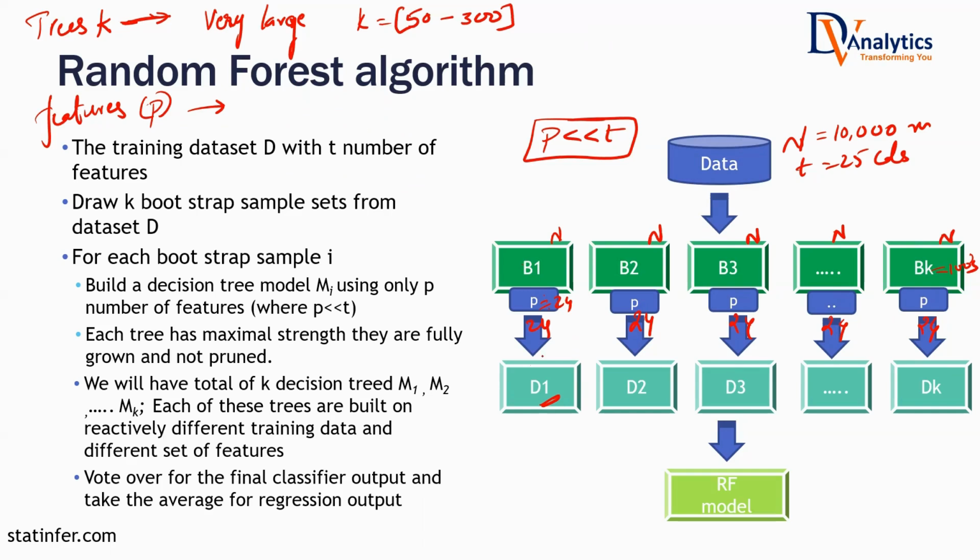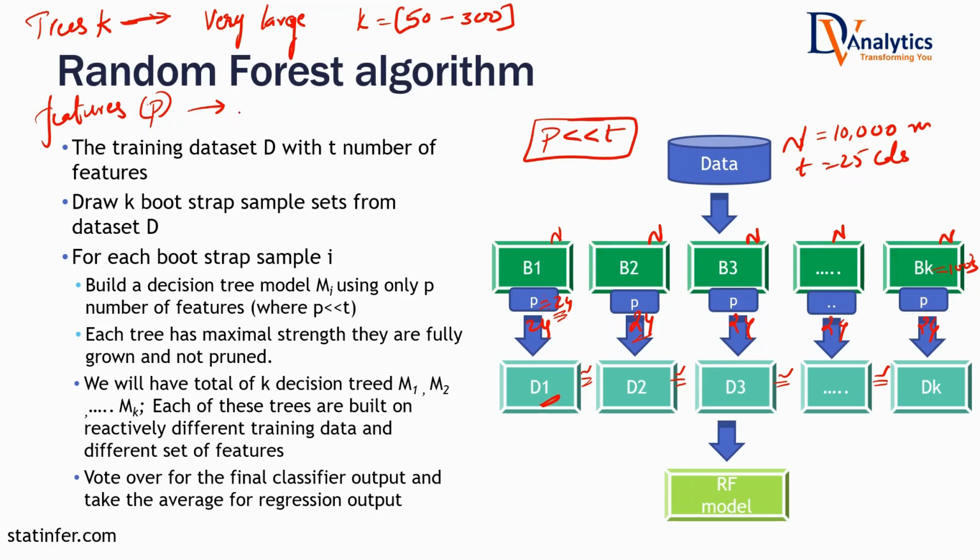Since we are picking 24 out of 25, here also 24 out of 25, almost all these trees will be identical. You will be building the same tree, almost all the rules will be the same. If almost all the trees are identical, is it going to improve the accuracy? It is almost like building one model and counting it 100 times. That's not going to improve anything.